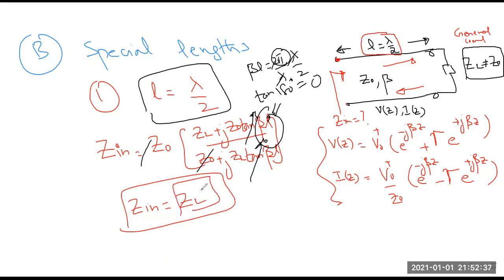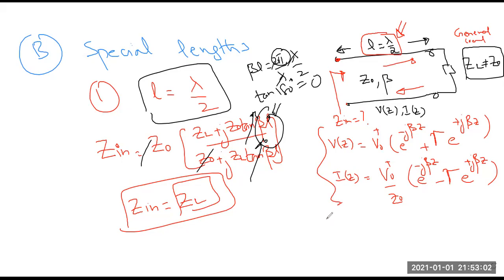So in a number of situations, you want that whenever you connect a load to a transmission line, at the other end of the transmission line, the impedance should not change. So in that case, you need to make sure that you use a transmission line having length equal to lambda by 2.